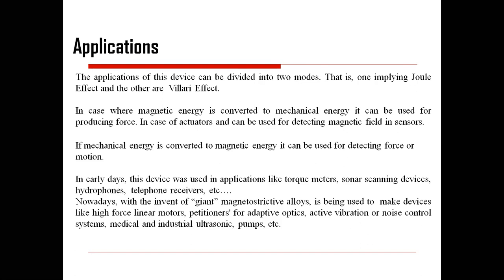If I am interested in measuring a force or a motion, at that time we can use the second one, that is mechanical to magnetic energy. When we are applying a force, depending upon the force applied, you can calibrate how much magnetic field or magnetic energy is generated into your force.